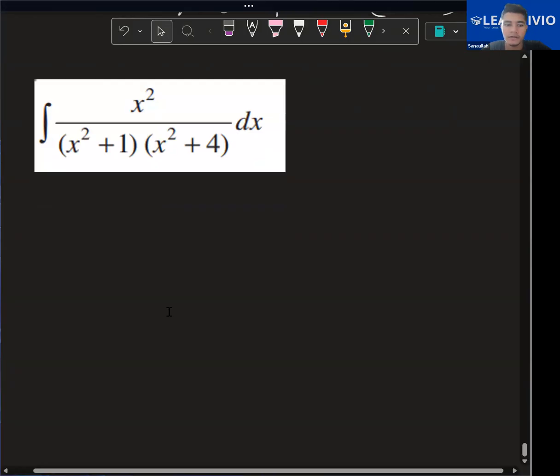You have a power 4 in the denominator. See, you have x square and x squared terms in the numerator and denominator both.